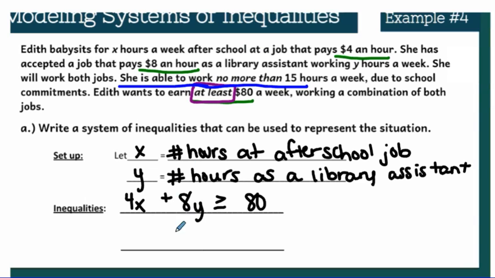So that means all of the hours she works at her after-school job, plus all of the hours that she works as a library assistant, have to be no more than 15. She cannot work more than 15 hours. So this means we want to stay less than or equal to 15. Remember, this inequality is the one you need to be careful of and really read the problem and understand what it's talking about.